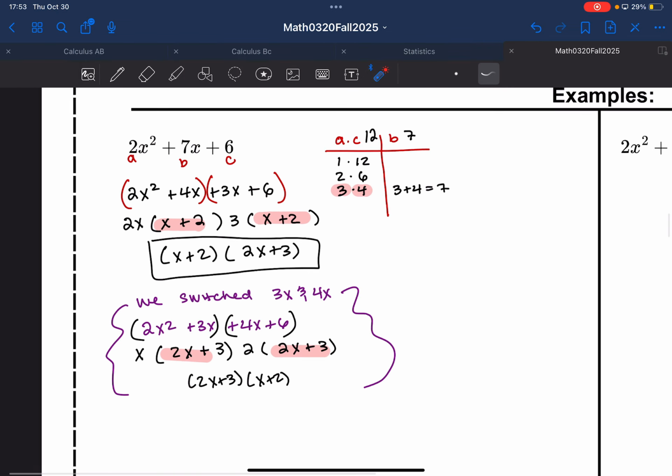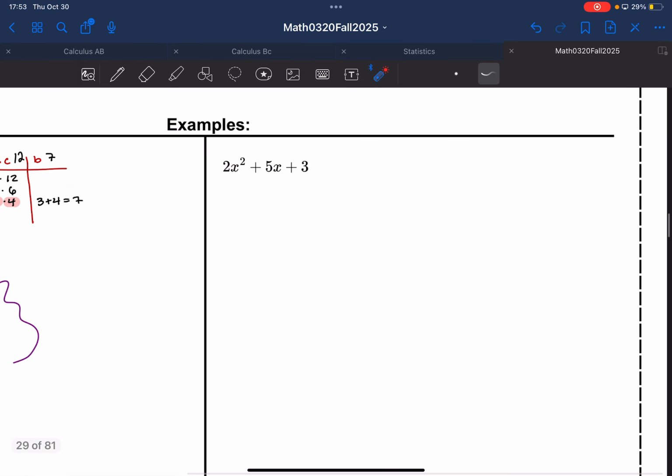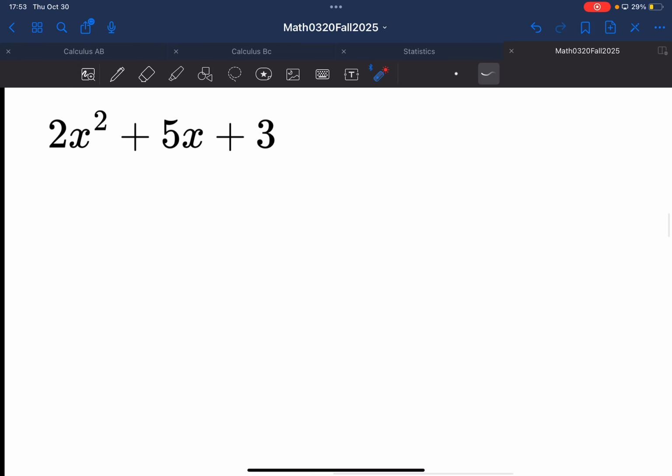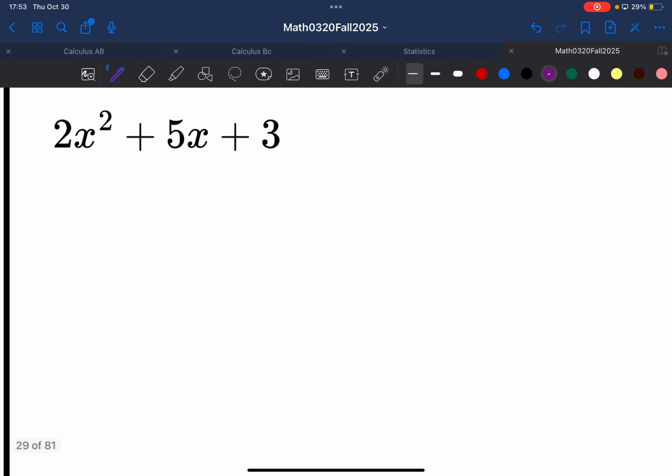Okay, so let's look at the next example. Remember our first step is to label A, B, and C. So what is A? Is it 2 or is it 2x squared? 2. It's always just the number 2. And then what's B? 5.